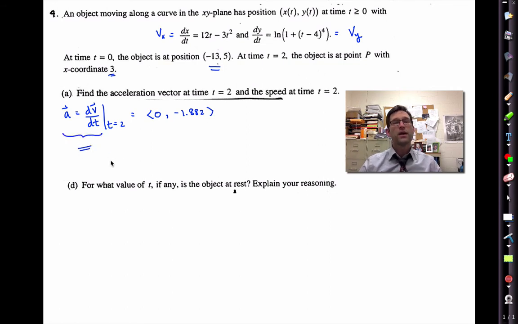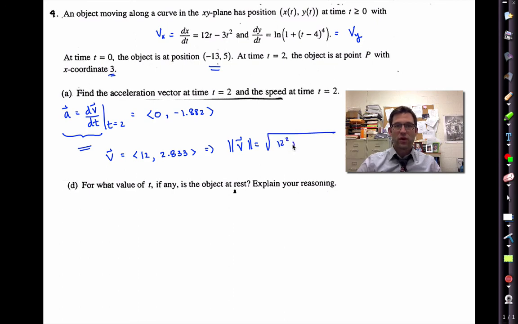Now, the speed's a little bit more obnoxious in a certain sense because we actually have to calculate what the velocity is. In other words, we have to take 2 and plug it into both of these, and what we would find is 12, that's nice, comma 2.833. Finding the speed at this point is no issue because it's going to be its absolute value.